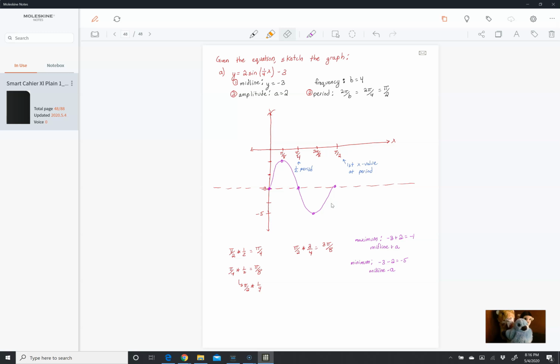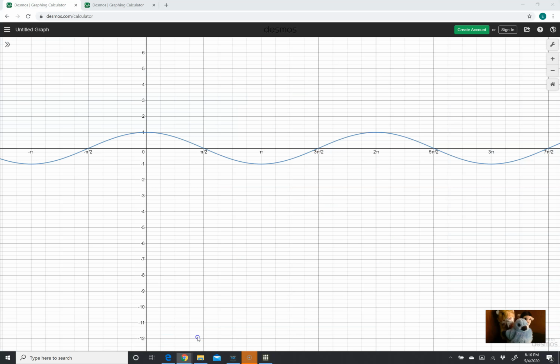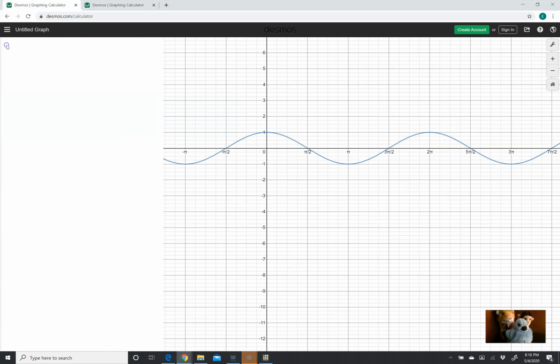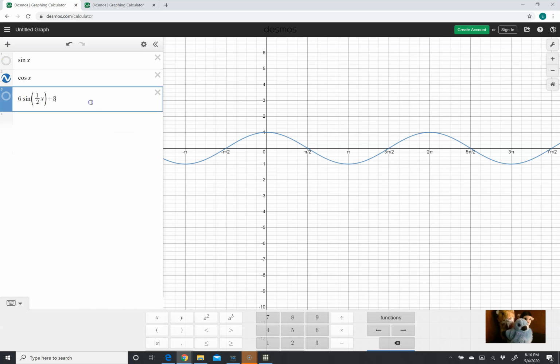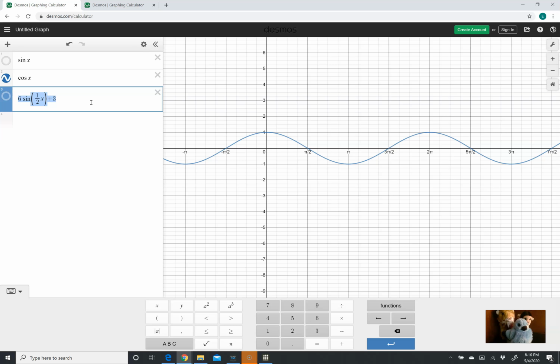Okay, let's do this again. And by the way, we can check this. Let's check it, just to make sure it looks okay. We would type in 2 sine of 1/4 x minus 3.